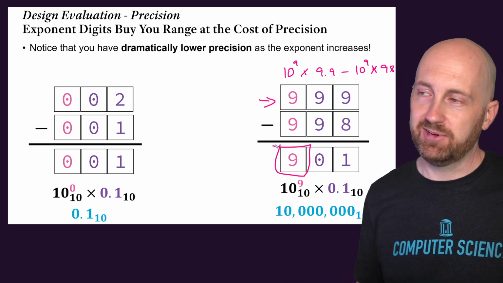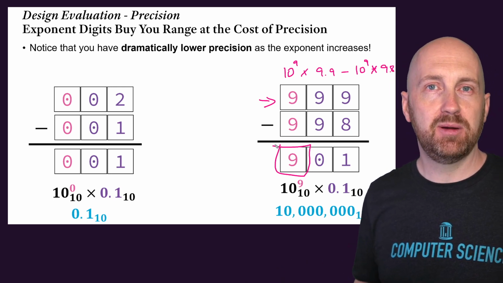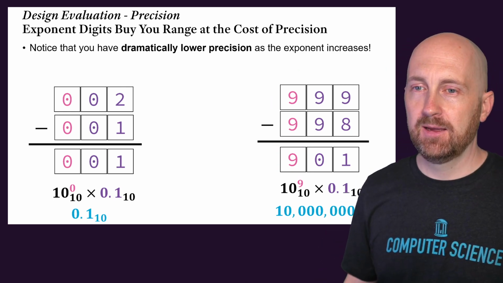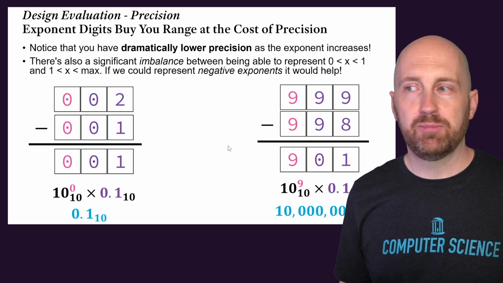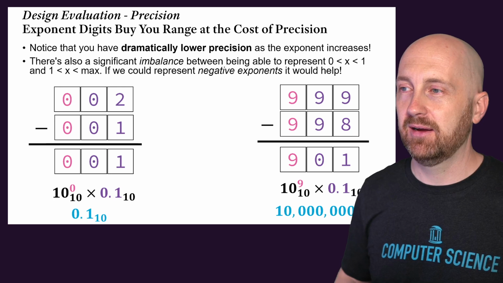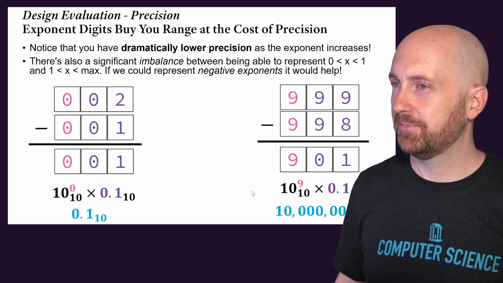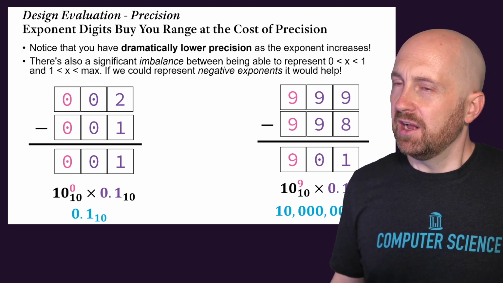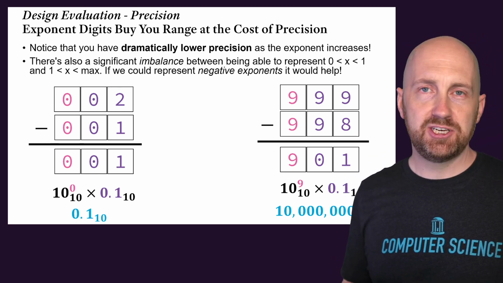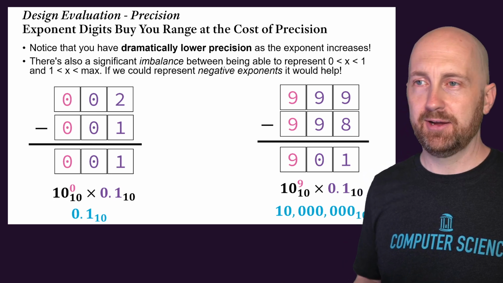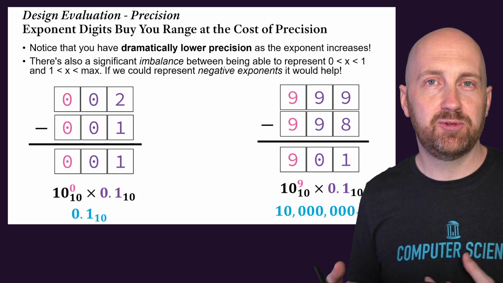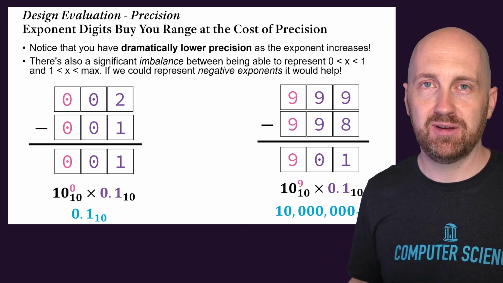So there's a trade-off here. Yes, we can represent bigger numbers, but we lose some precision, right? And that fundamental trade-off is going to wind up being important to thinking about things in binary floating point representations as well. Notice there's an imbalance here as well, where on the low end, 1/10 is a much smaller difference between one number and the next than 10 million, right?